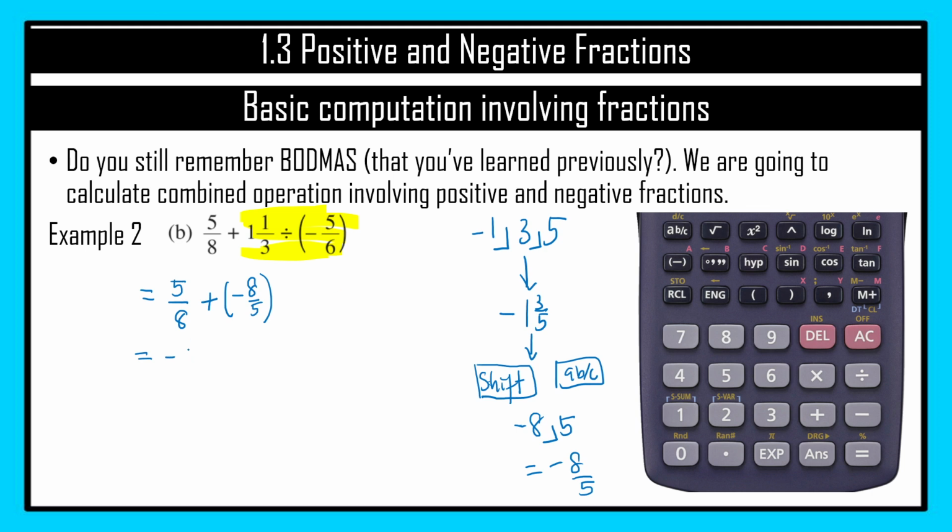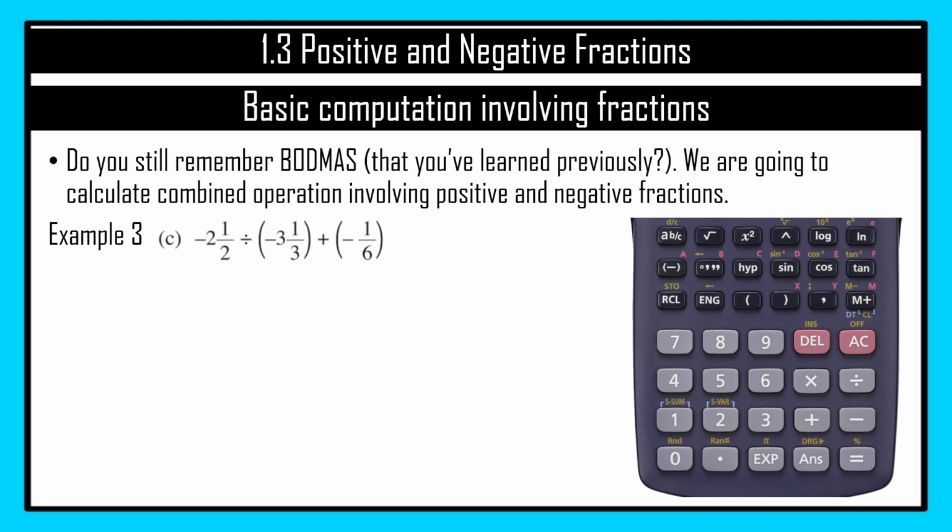Okay, you will get negative 39 over 40. Alright, do you want to try this question on your own? Alright, pause the video, try it, and then come back and check your answer.